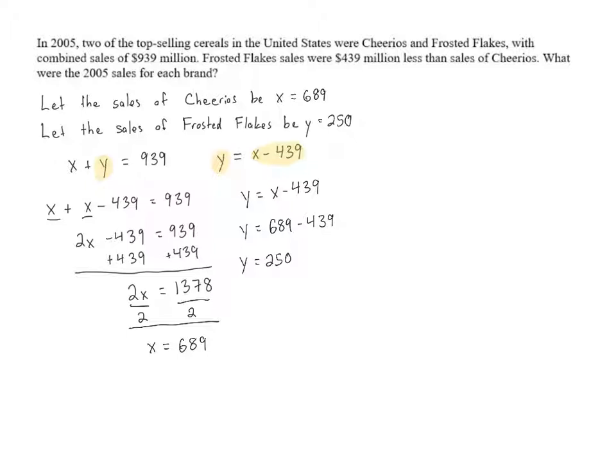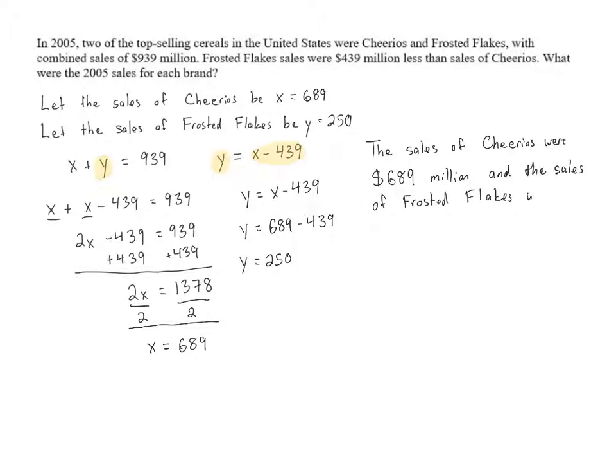So when they ask us what were the 2005 sales for each brand, we can say the sales of Cheerios were $689 million, and the sales of Frosted Flakes were a measly $250 million.